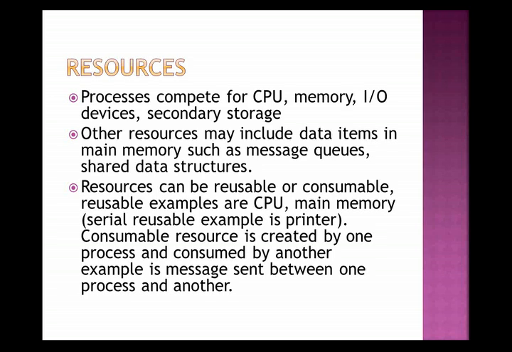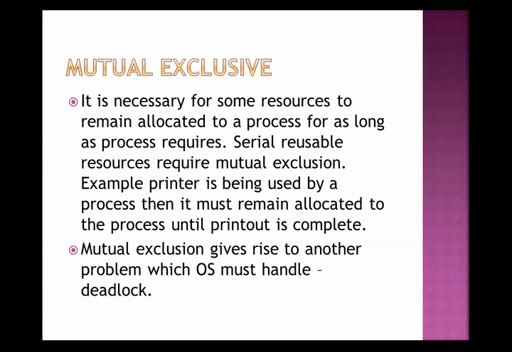Then we also discussed the relationship among different processes. Then we discussed the resources that are available for concurrent programming, that is, if the processes are running concurrently, overlapping in time, what resources are required for concurrent programming.